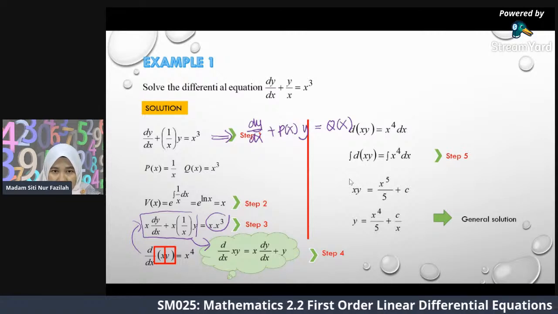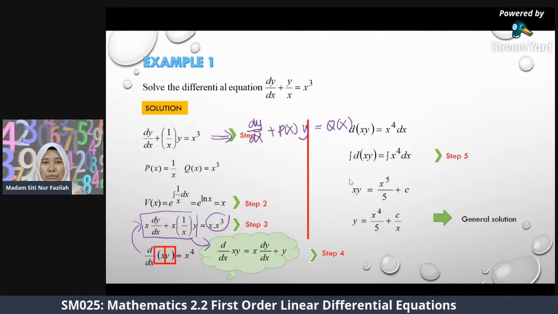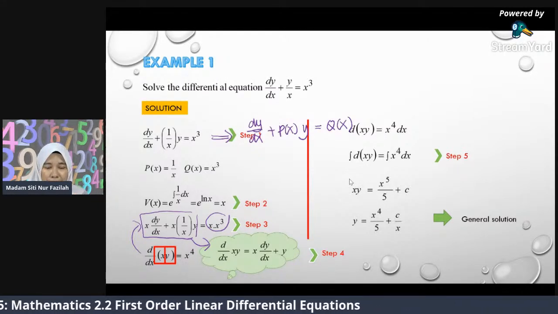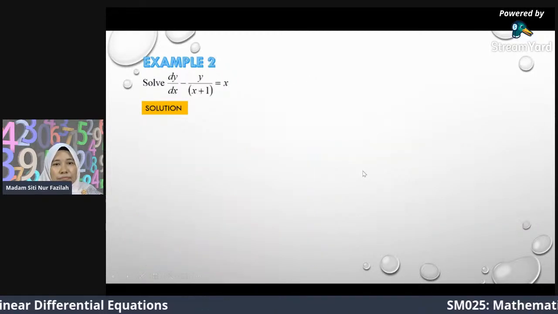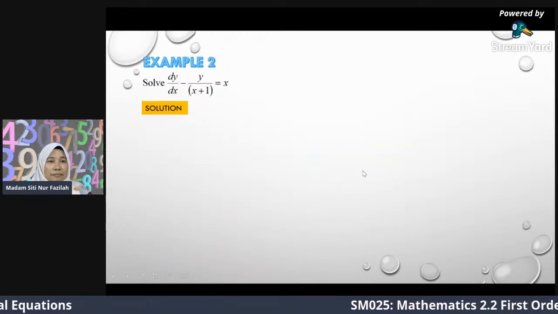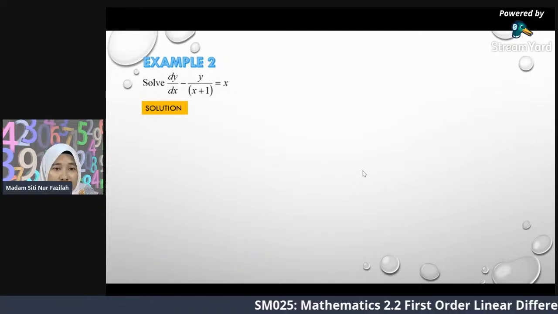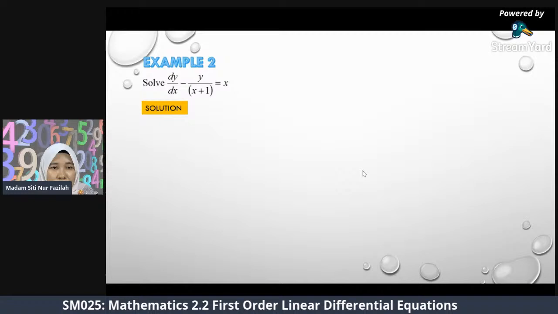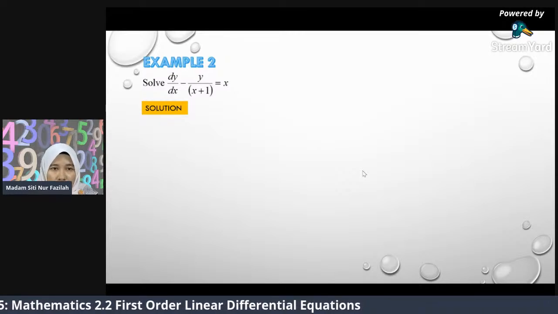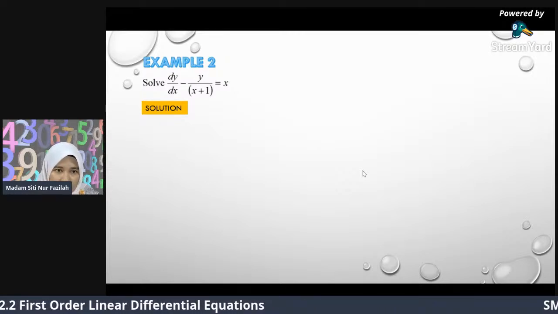Next we go to another example. For example 2, solve dy over dx minus y over x plus 1 equal x.